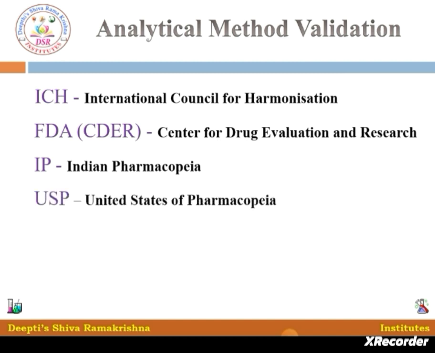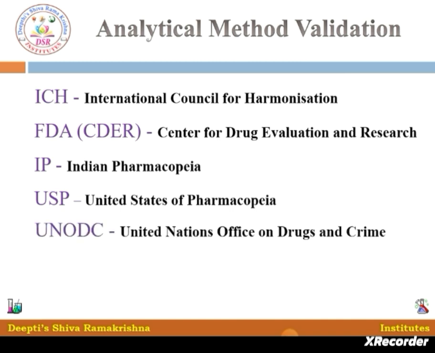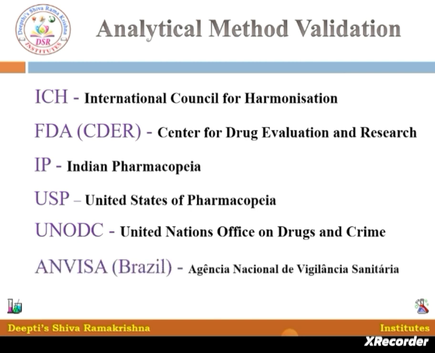Some companies will take reference from USP, United States Pharmacopoeia, and some from UNODC, United Nations Office on Drug and Crime. Some companies will take ANVISA Brazil. This is a Russian drug corporation.